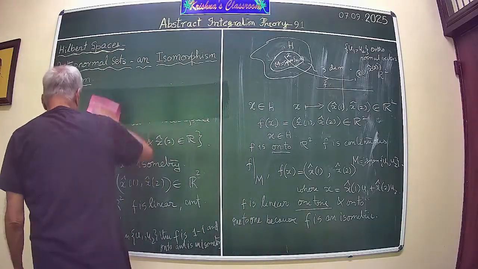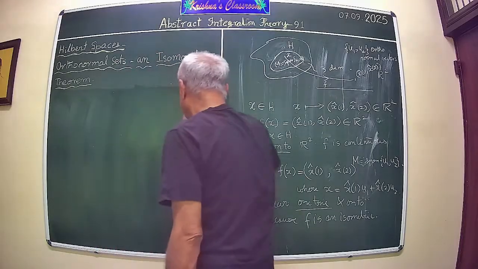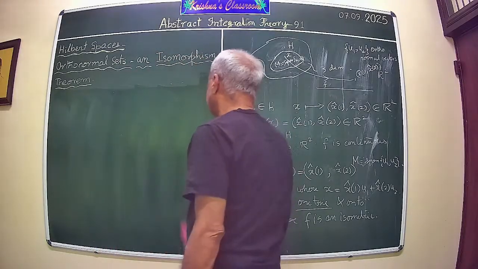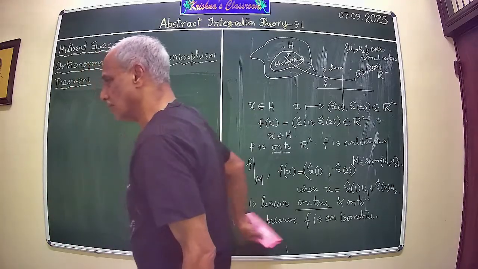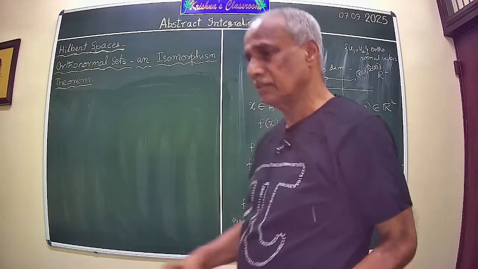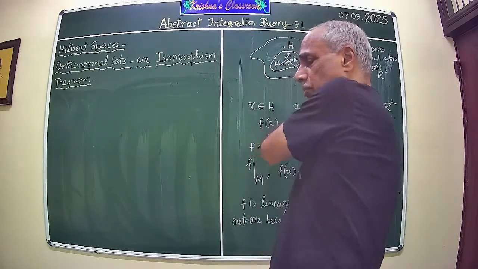We'll try to prove this theorem in general, dropping the assumption that the set A is finite. It's now not even assumed to be countable.